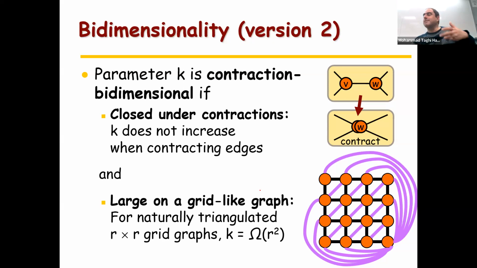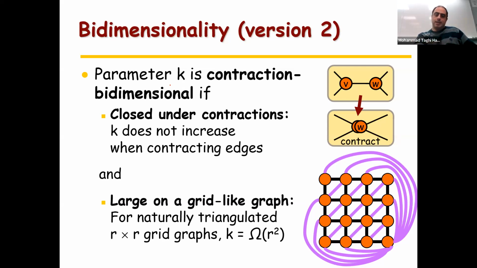So this is one thing that we are doing in bidimensionality, which is minor closed properties, the ones that have been used a lot in the Robertson scheme. But the novel thing about bidimensionality that we created is that we are talking about the theory of contractions. It may happen that the property is not minor closed, but it is contraction closed. So let's talk a little bit about it.